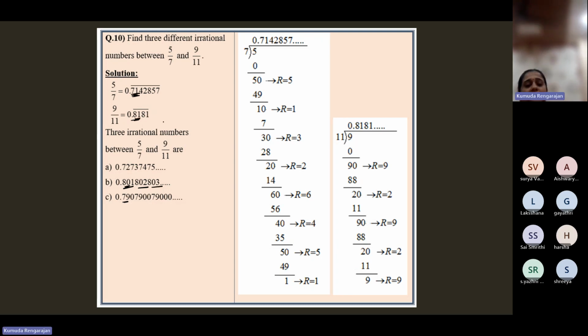So I just wrote 79. Then you can just continue with anything. So 79, I wrote 7907, 790, then 7900, 79000, and so on. Goes on like that.